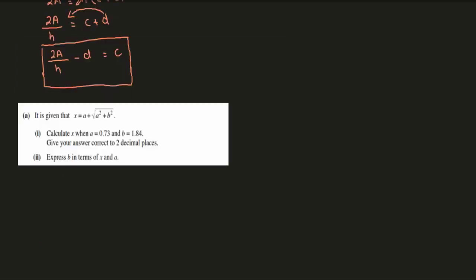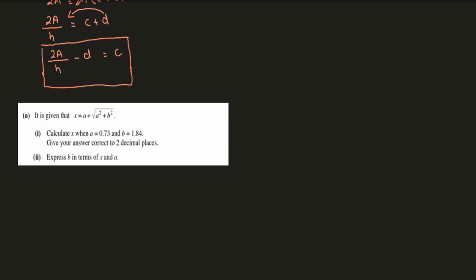Here is another example. I have been given an equation that is x is equal to a plus square root of a square plus b square, and the first part is to calculate the value of x. In the first part, we don't have to make anything a subject. It's simple substitution of the values into this equation.